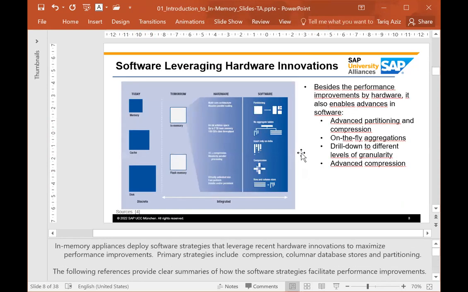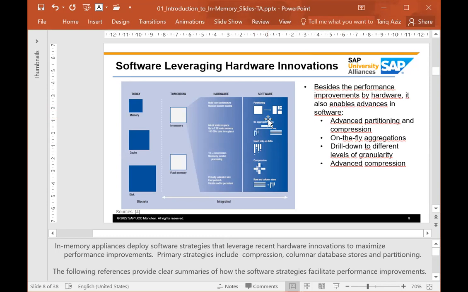Now, the hardware innovations helped us. At the same time, software also helped us in having a database in the RAM. So both things helped us. If you can see here, we have advanced data partitioning, and compression of the database is possible.